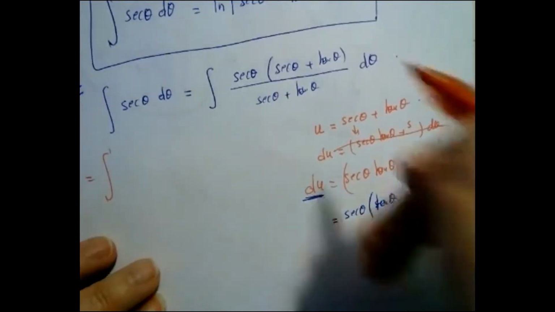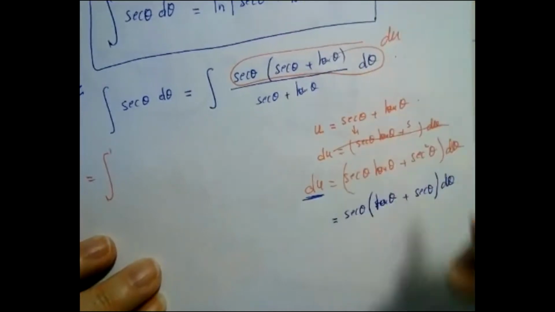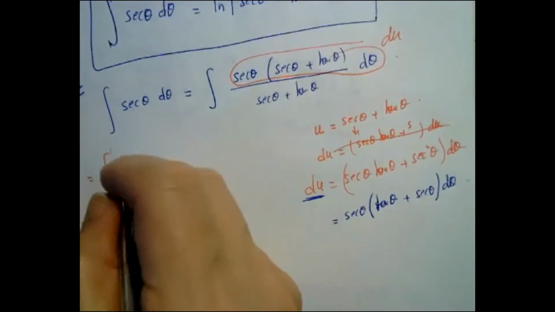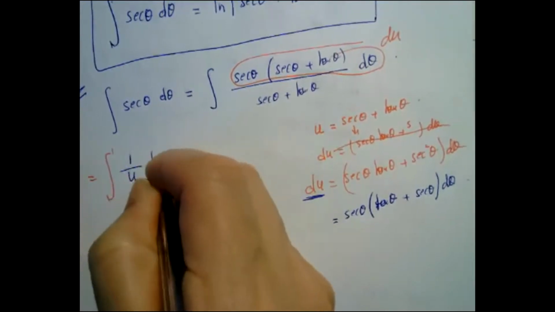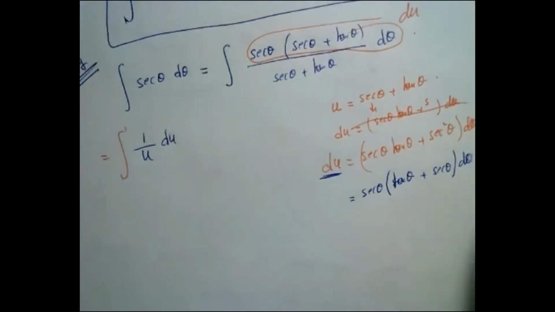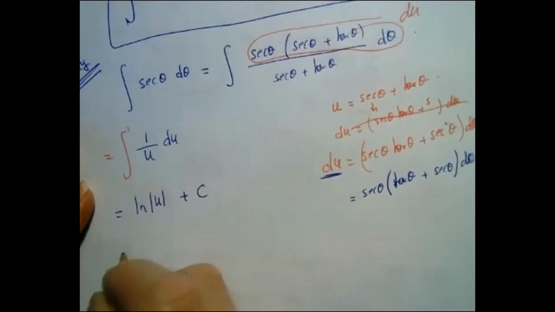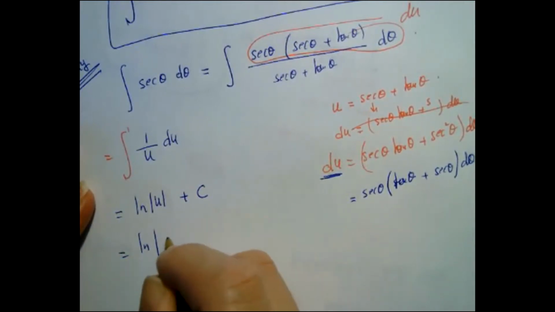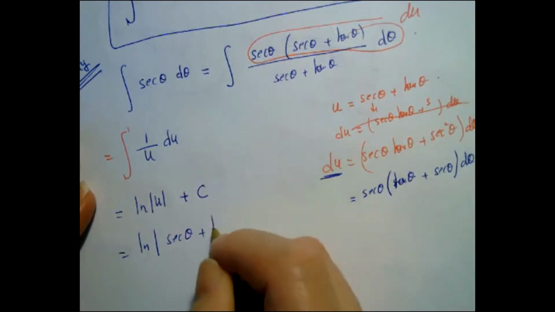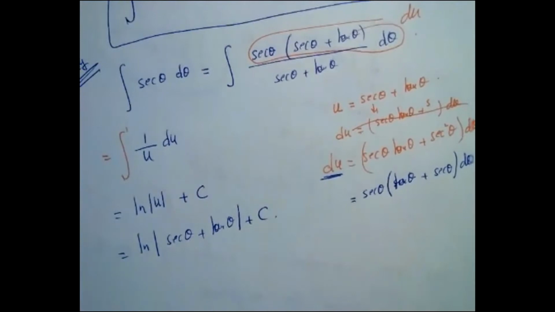So the numerator is du. And then I will have 1 over u du. So it's a very ingenious way of finding this integral. This would give me ln of u plus c. It means ln of secant plus tangent plus c, and that's why this works. Very, very clever way of doing it.